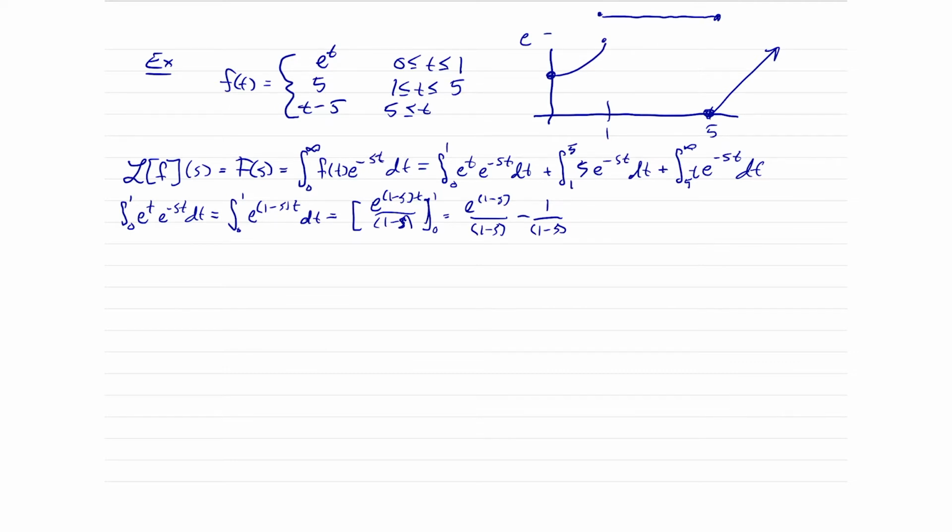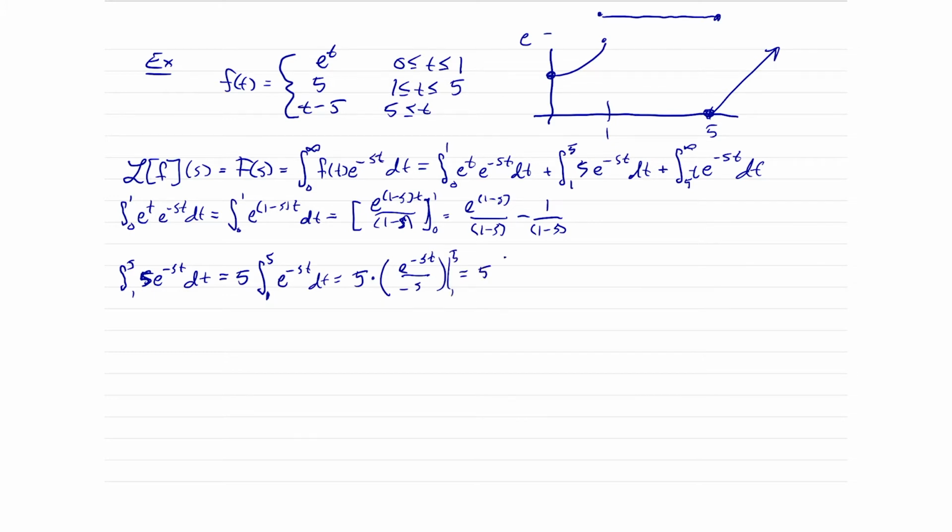Now, for the second piece, we have the integral from 1 to 5 of 5 e to the minus st dt. That's a 5, not an s. Let's not confuse that. So again, 5 pulls out, and so we have the integral from 1 to 5 of e to the minus st dt. And then we get 5 times e to the minus st divided by minus s, evaluated at 1 and 5.